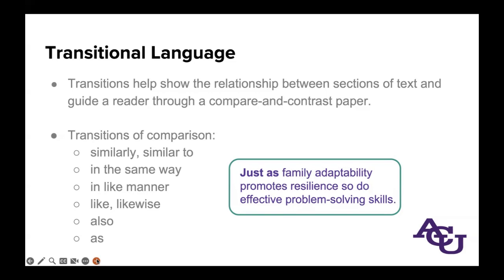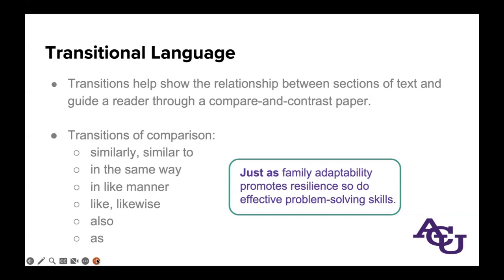So here are some transitions that we would use to show a relationship between what we're talking about, to show similarity. So similarly or similar to, in the same way, if you're showing comparison, in like manner, this compares to this.